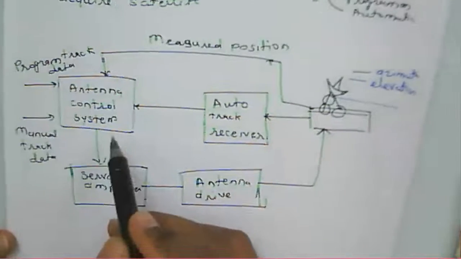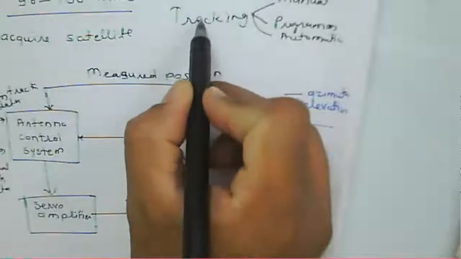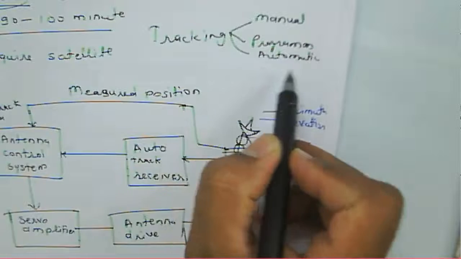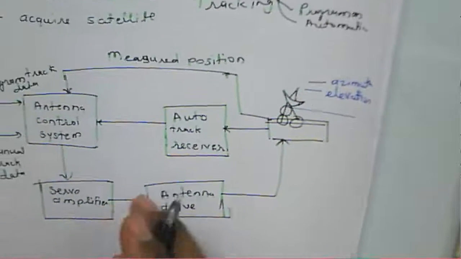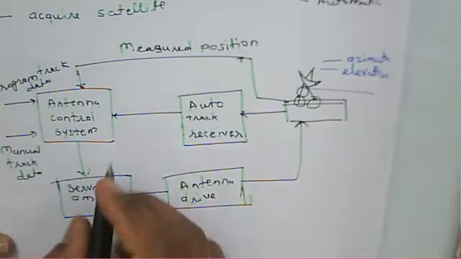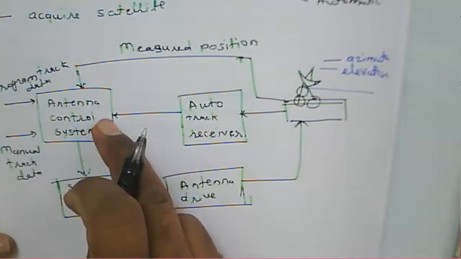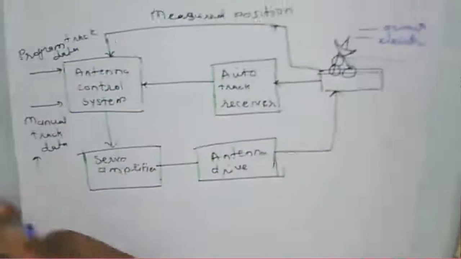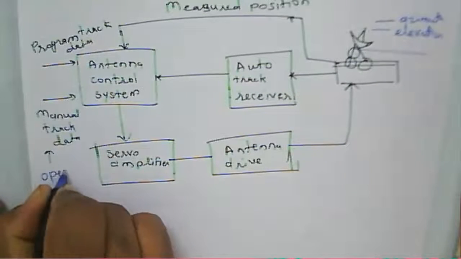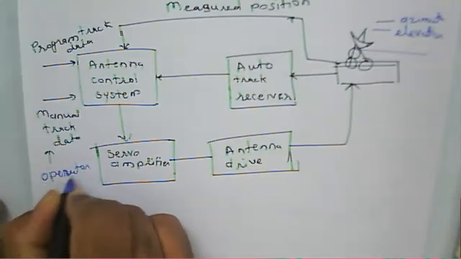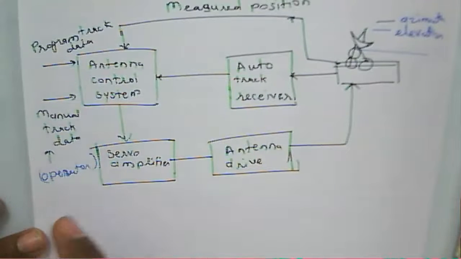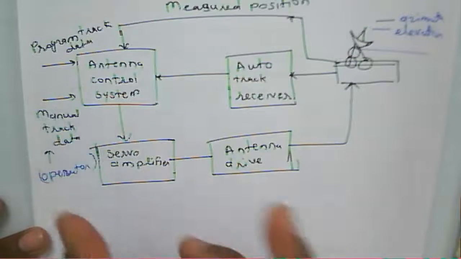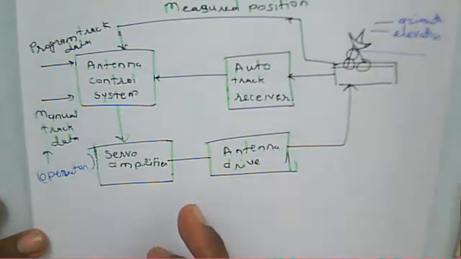Now there are types of tracking: manual tracking, program tracking, or auto tracking. In the case of manual tracking, we require an operator. That operator controls the movement of the antenna to align the major axis toward the satellite there.